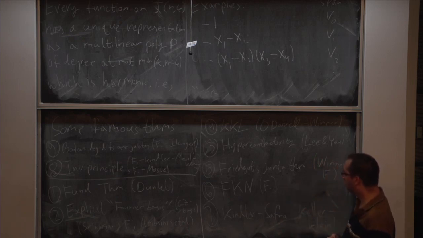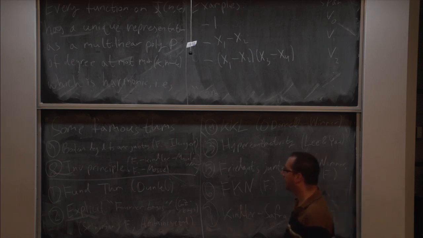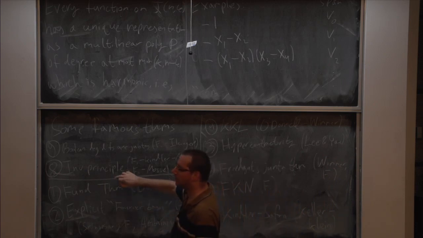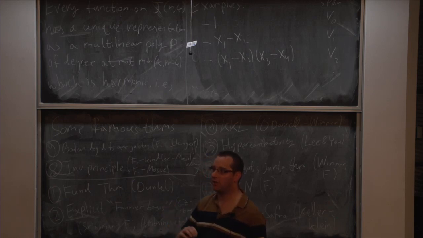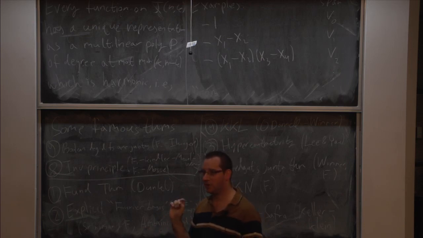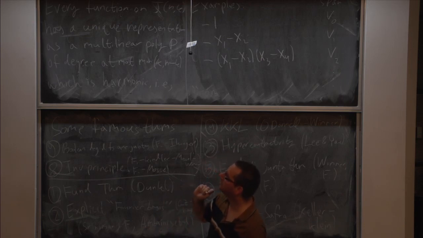Here, I'm not sure how you would do it in the same way. And also here, they have to work much harder. This is a different statement, so a different proof. And here also, there are some tricks. When k over n is bounded away from 0 and 1, it's the same proof, but when k gets smaller, you need to do something else. But this also happens on the Boolean cube. I'm going to talk about it in a moment.